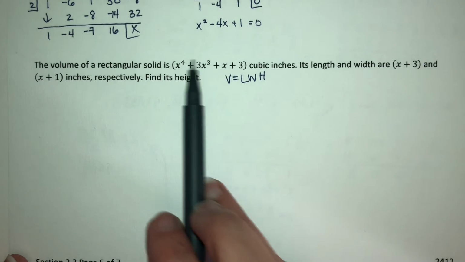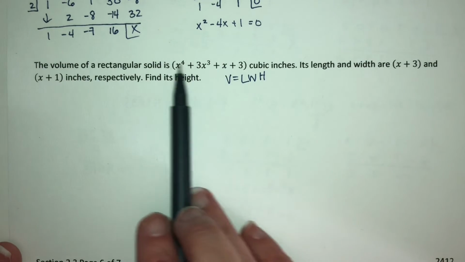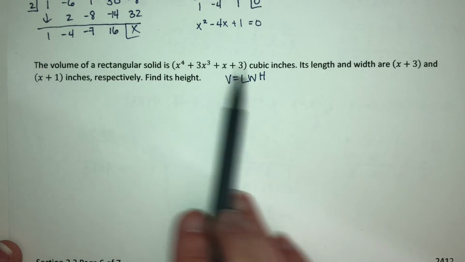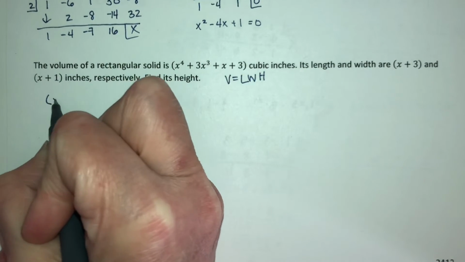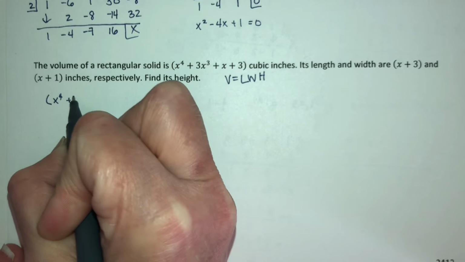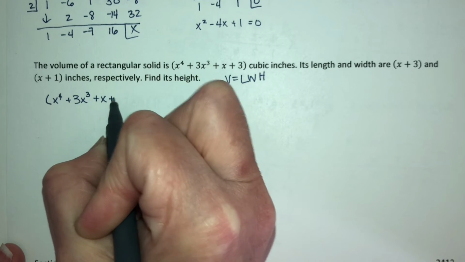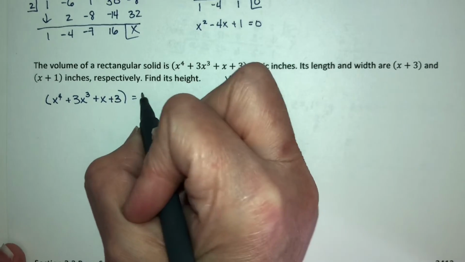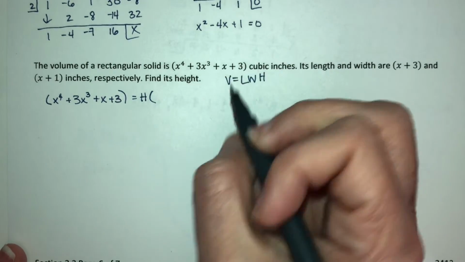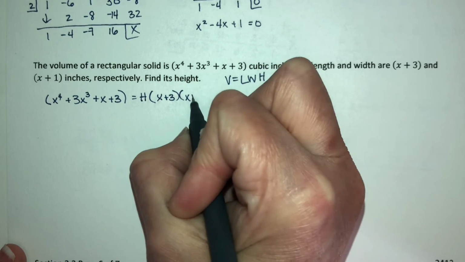Okay, so now I'm just going to write this, plug in the information I have. So my volume is x to the 4th plus 3x cubed plus x plus 3. And that is, I'm looking for the height, so I'll just put it there, times x plus 3 times x plus 1.